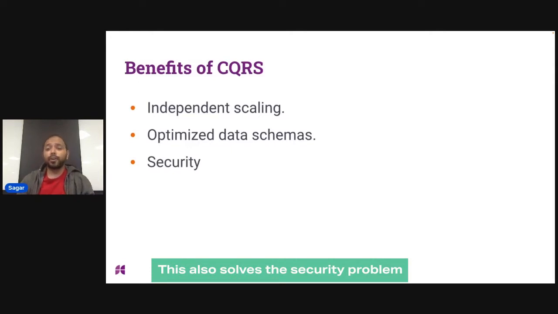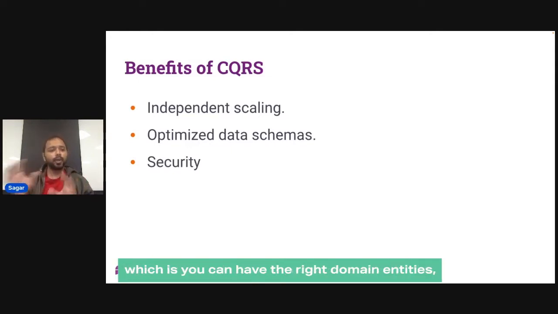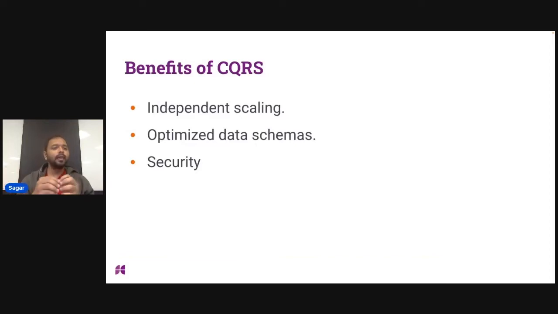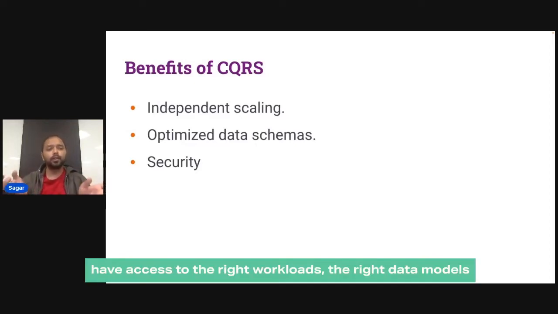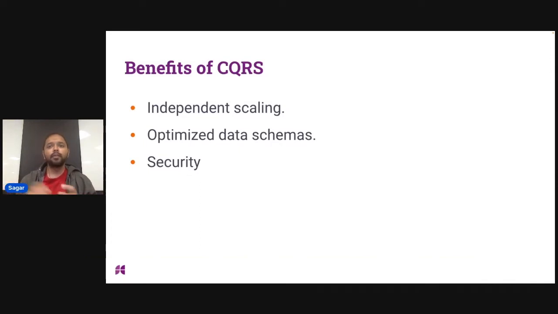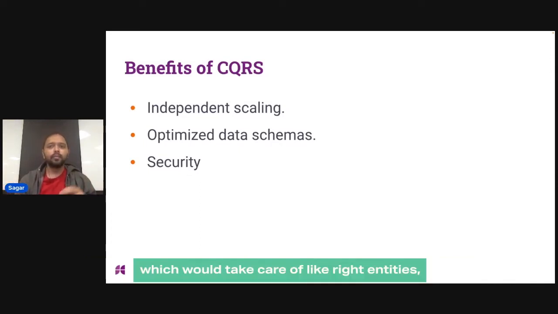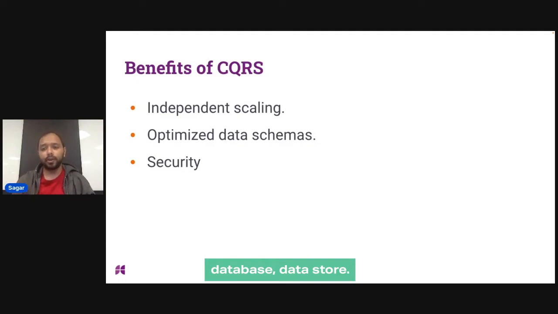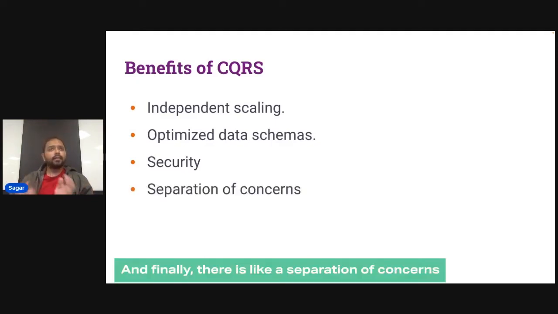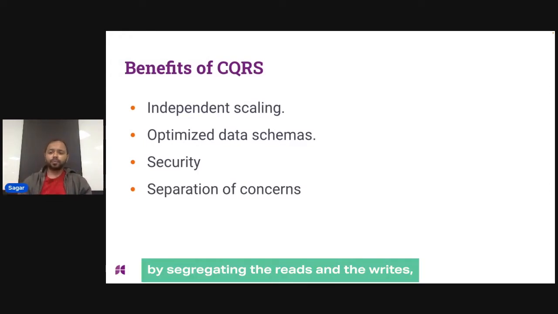This also solves the security problem that I was talking about earlier, which is you can have the right domain entities have access to the right workloads or the right data models, which would take care of it so that the read entities only have access to the read database, and similarly, the write entities have access to the write database data store.